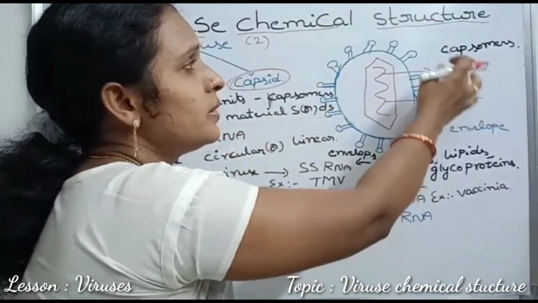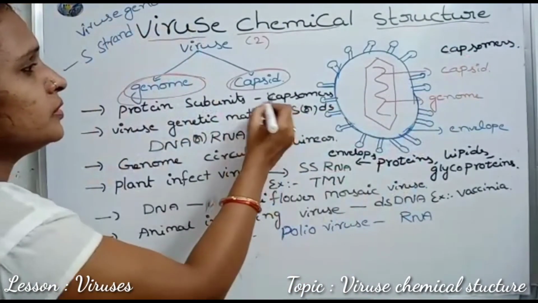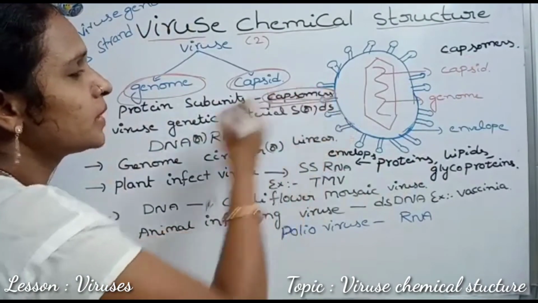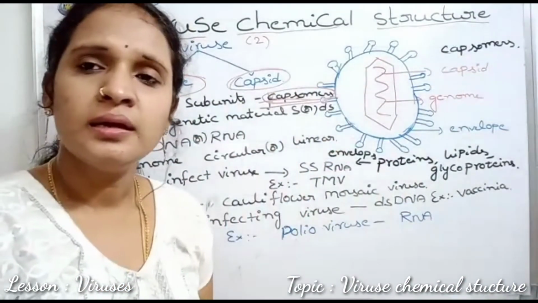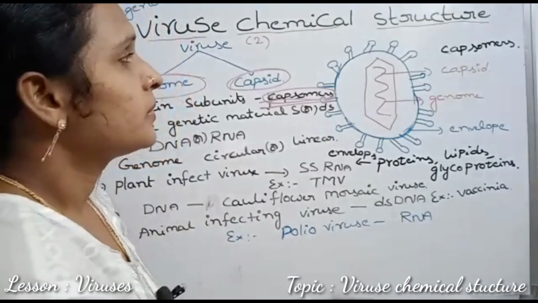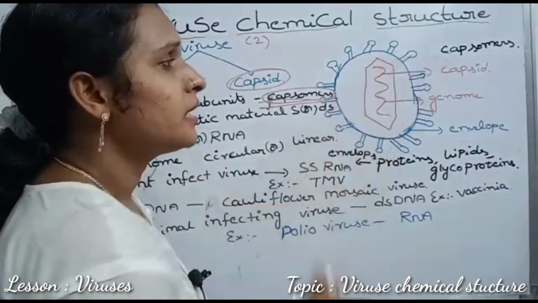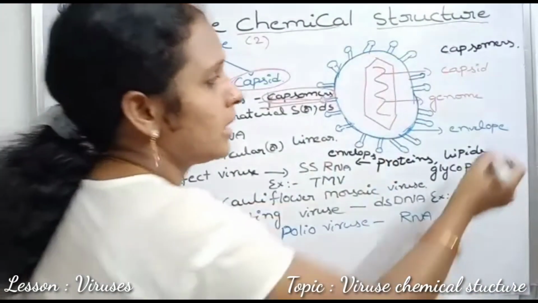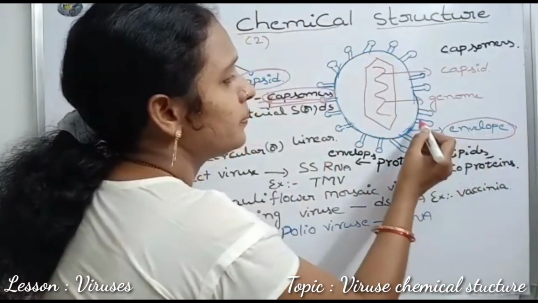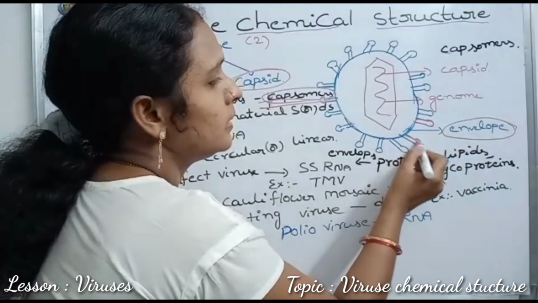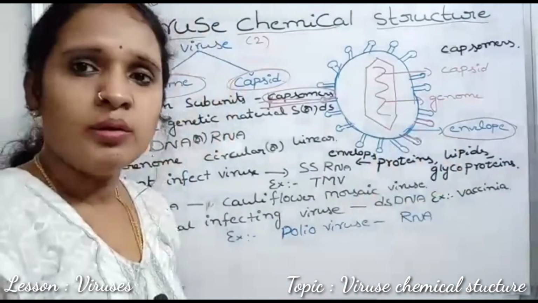The capsid is made up of protein subunits called capsomeres. Some viruses have an additional layer around the capsid called the envelope, made up of proteins, lipids and glycoproteins.